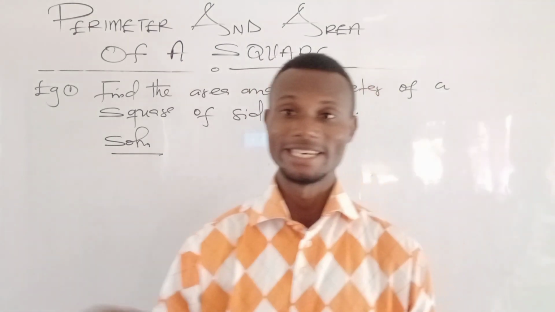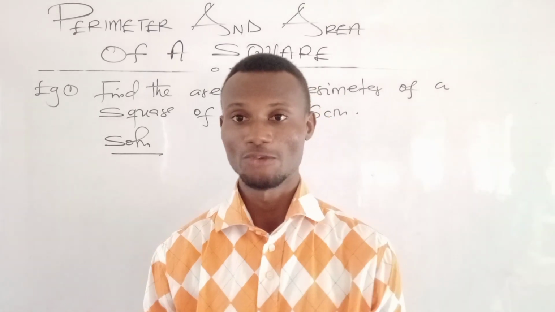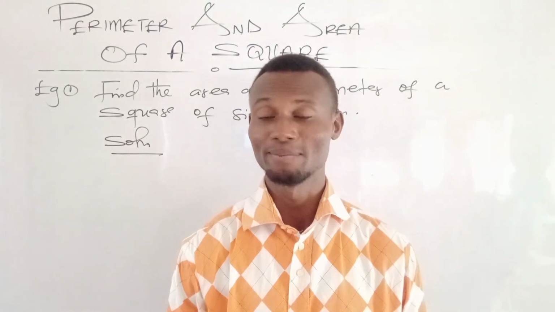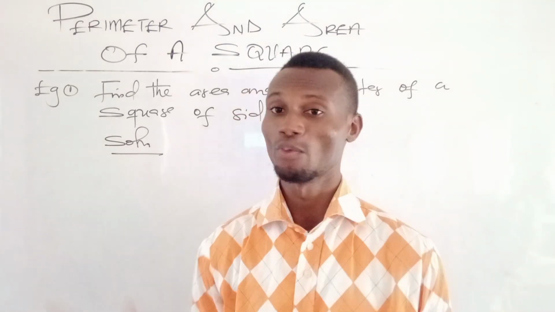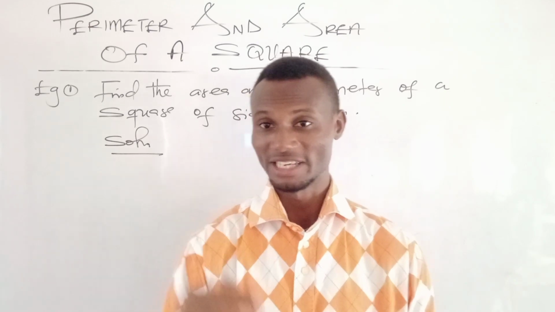So in the previous videos when we did the area and perimeter of rectangle, I gave you some steps that you are supposed to go through anytime that you are handling word problem questions of this nature, and I hope you remember them. So we are going to apply those same steps here.